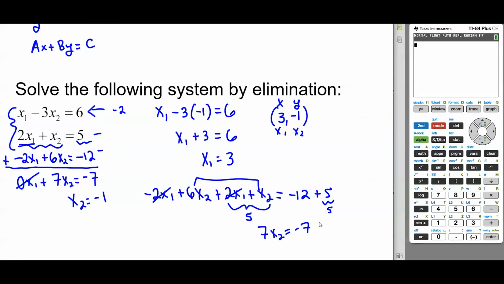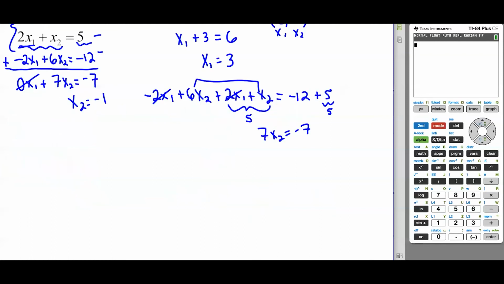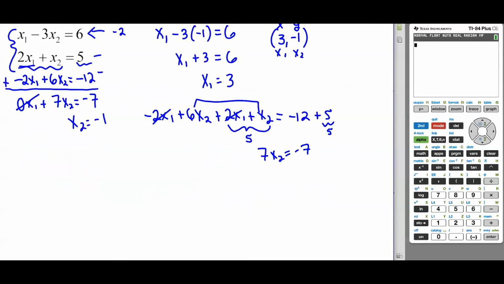So what does this look like on a graph? So I'm going to solve both of these equations for x2, which is y, right? So if I solve the first one for x2, what do I get? Let's see. That's 6 minus x1. Then I divide by negative 3, which is going to be negative 2 plus 1/3 x1.